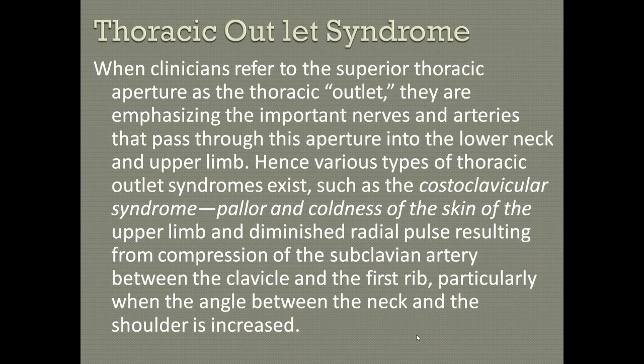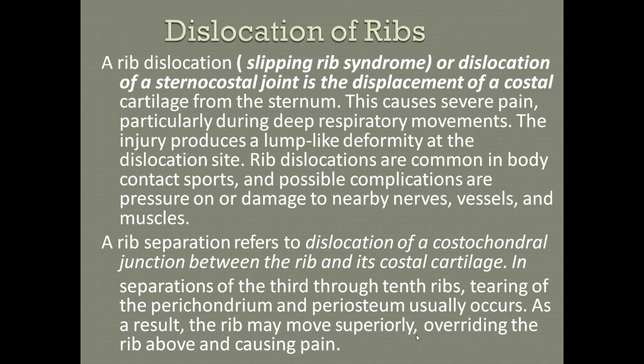So, various types of thoracic outlet syndrome exist, such as the costoclavicular syndrome, where the symptoms arise as paleness and coldness of the skin of the upper limb, and diminished radial pulse resulting from compression of the subclavian artery between the clavicle and the first rib, particularly when the angle between the neck and the shoulder is increased.